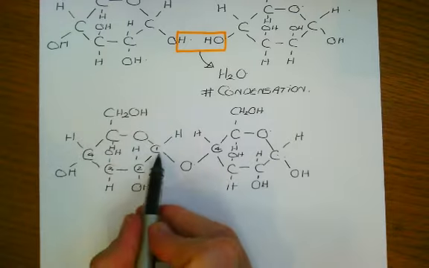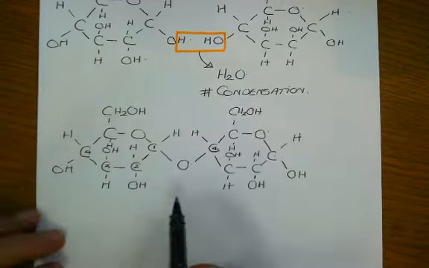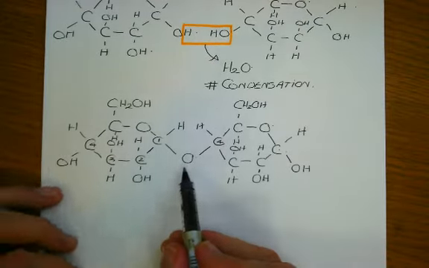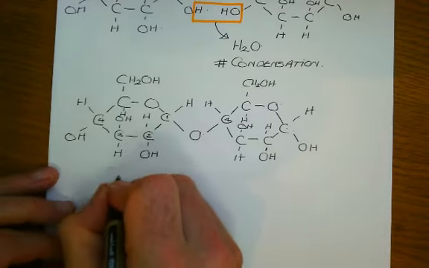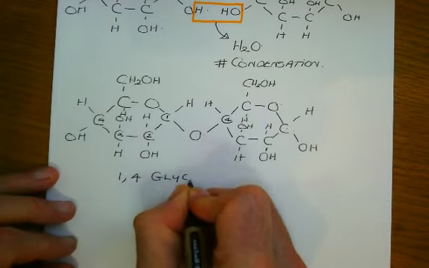Okay, now this is the really, really important bit. Carbon 1, 2, 3, and 4 bonded to carbon 1. Just so you can see. So we have a 1,4 glycosidic bond.